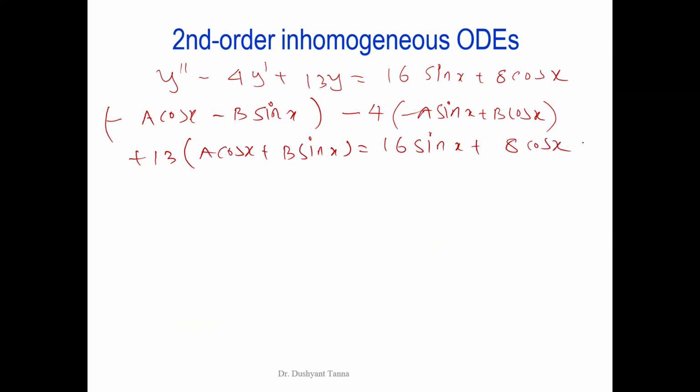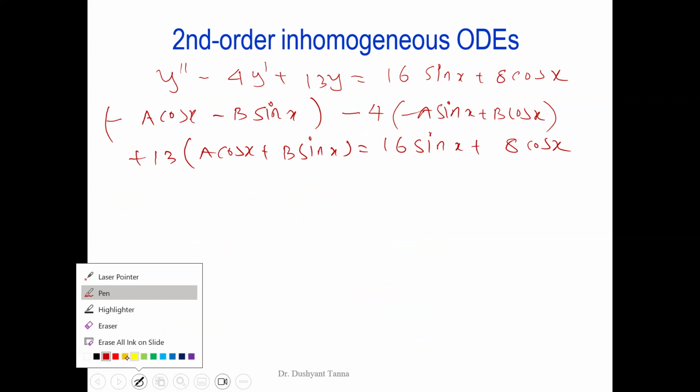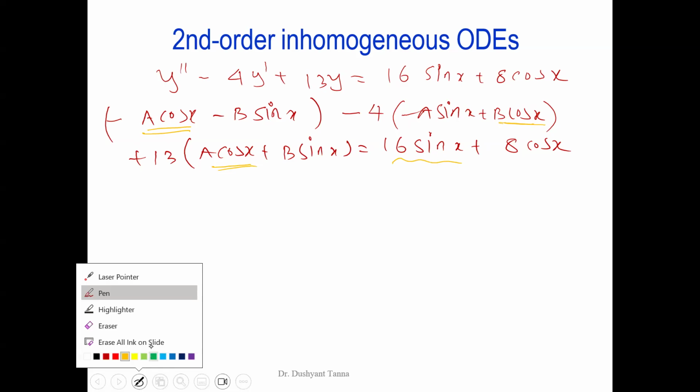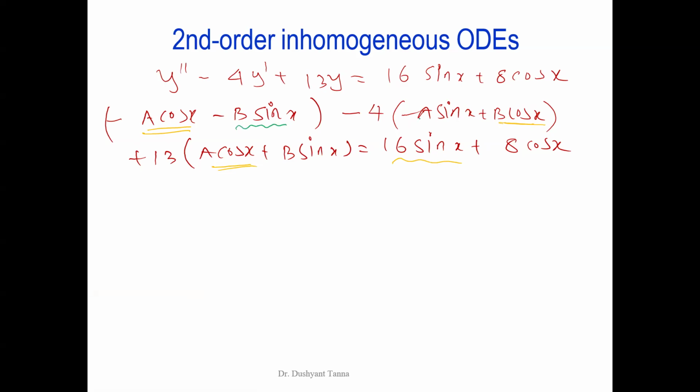Now we compare cos and sine. Prior to that, we separate the terms. So let's combine all the cos terms. This is a cos term here, another cos, a third cos, which will be equated with the other side. And the sine terms: sine, sine, sine, compared with the sine term.